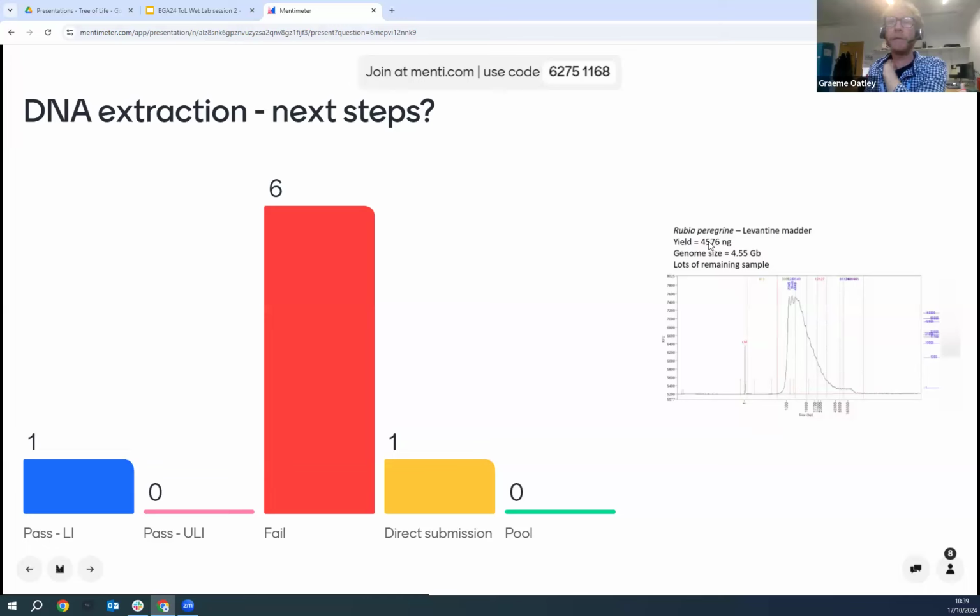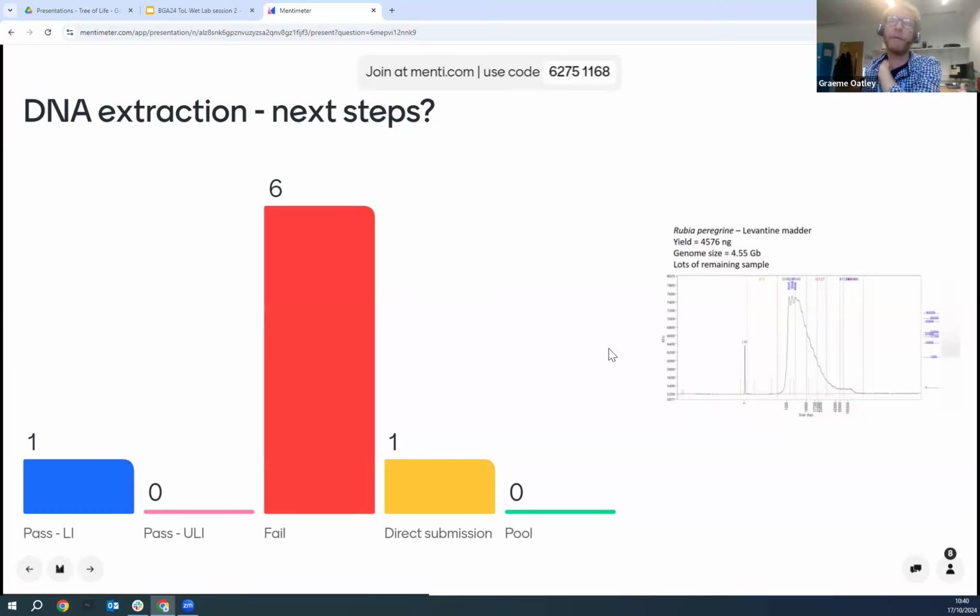Your yield is quite high, 4.5 micrograms, although the majority of that is sitting within this 10 kb and below block of DNA. So you'd probably lose most of that, but you'd still be left with some of that here. So if that was your only extraction that you were able to perform for that species, that is something that was definitely worth trying.